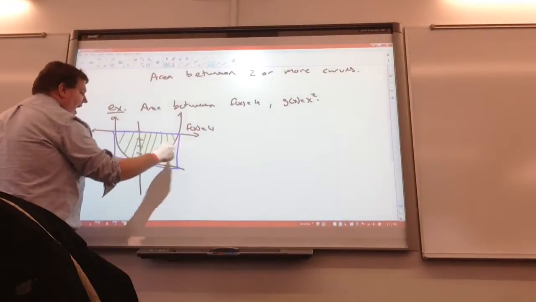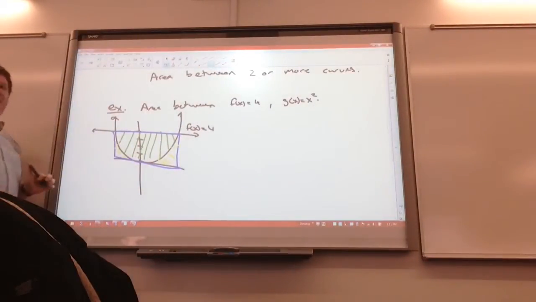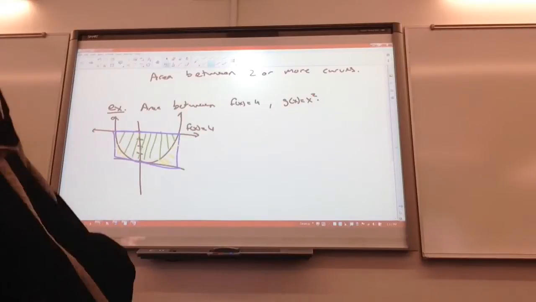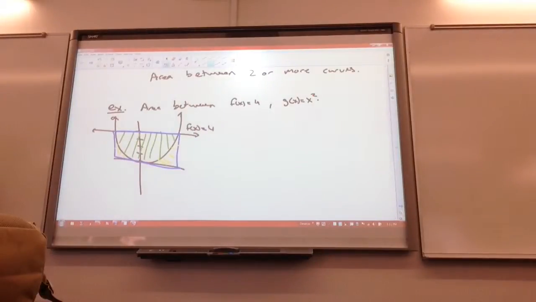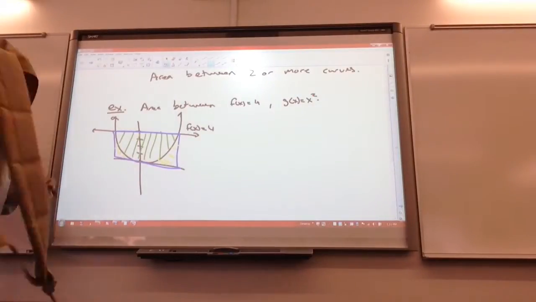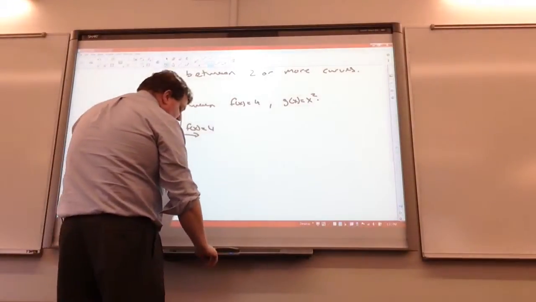That would give you the area between the two functions. Would that always work? It would always work, wouldn't it? Yeah. That's exactly what you do. Okay? Basically, that's how we treat this.